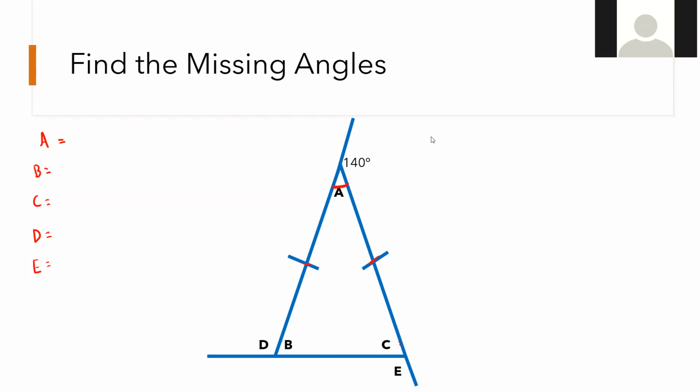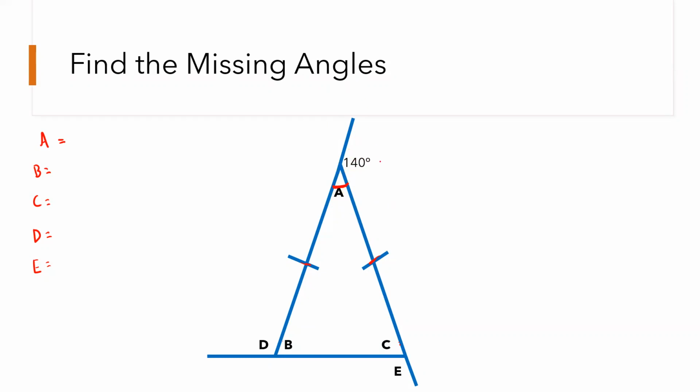Lucas, Benito, Aiden, Carter, Brennan, Jocelyn, Phoenix, Riley, Jennifer. What's the relationship? Oh, wait, no, sorry, not Jennifer. I think Jennifer answered already. Sorry, ignore me, Jennifer. Everybody else, though. What's the relationship between A and this 140-degree angle? Asa, that is correct.